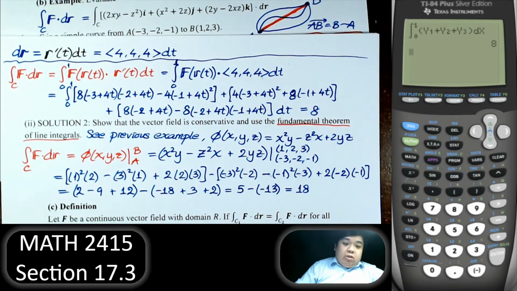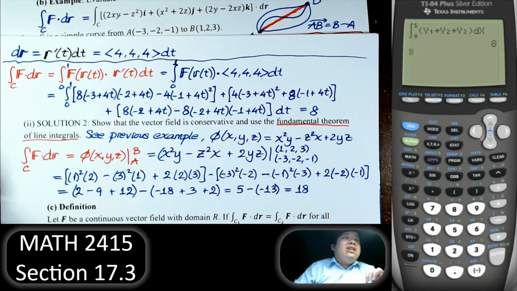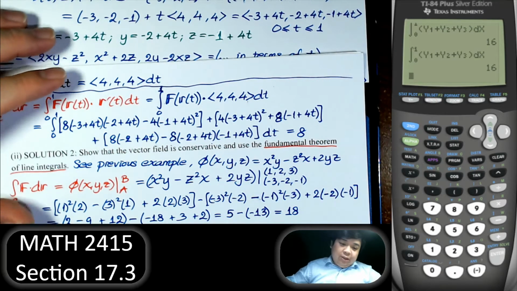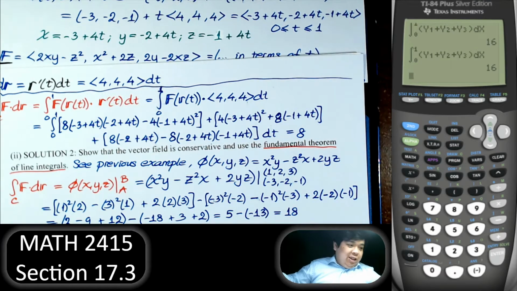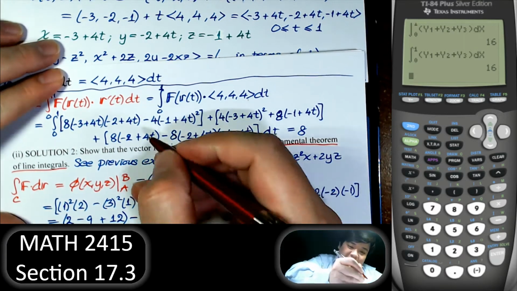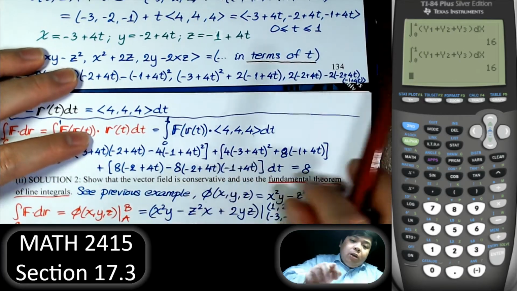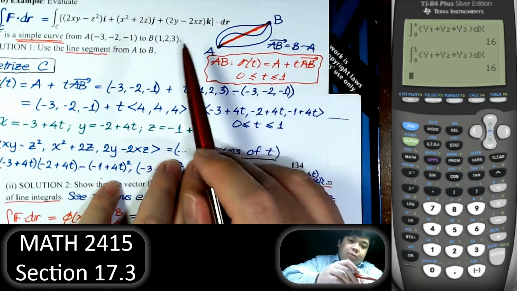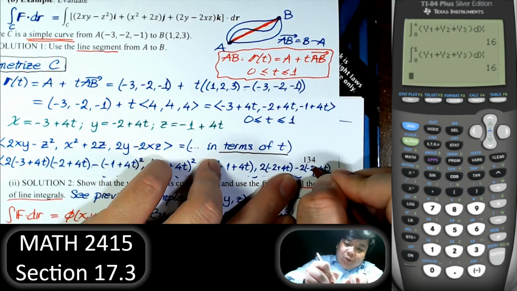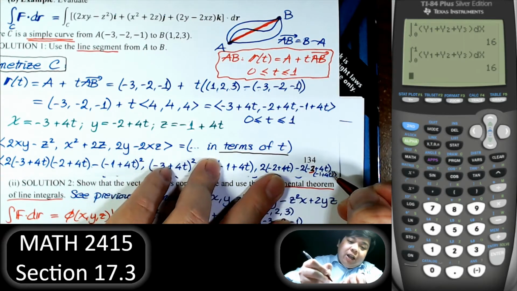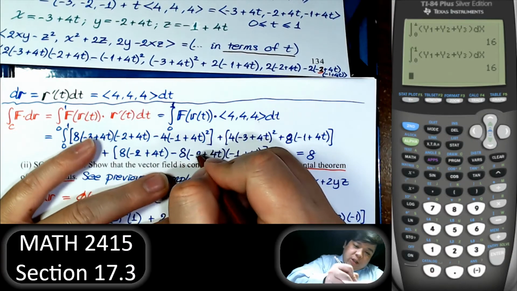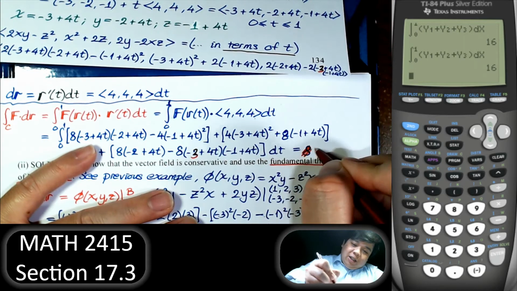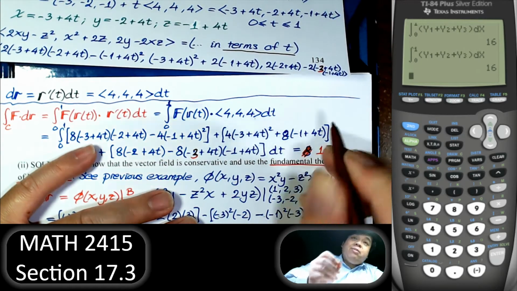Right, let me pause the video again and let me check the math. Right, I found the error. I hate doing that, but so this is minus 2xz, x is 3, so this should be 3 there, and this should be 3, and once you do that, that gives us 16. Right, sorry about that.